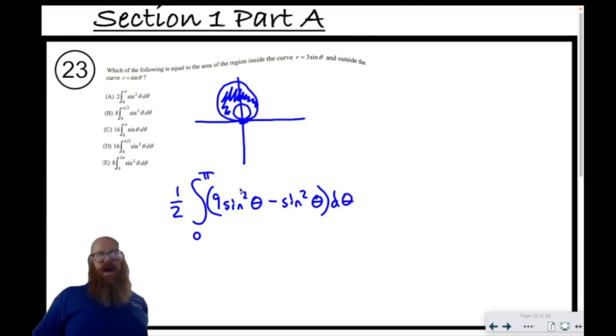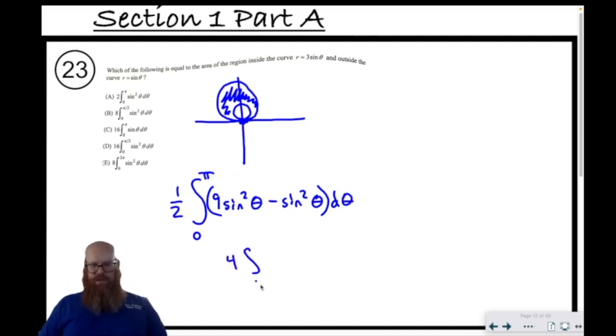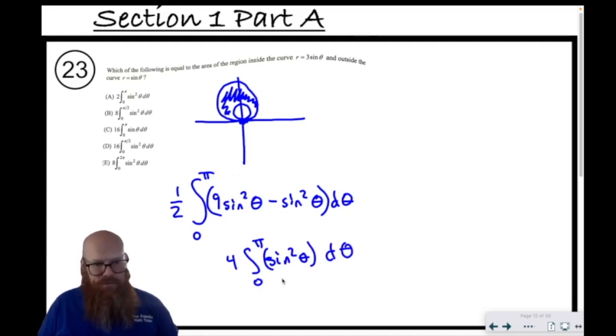And then 9 minus 1 is 8, and then if I bring the 8 out front, that turns it into a 4. So I get 4 times the integral from 0 to pi of sine squared theta d theta. But this is a problem, because I don't see that answer.